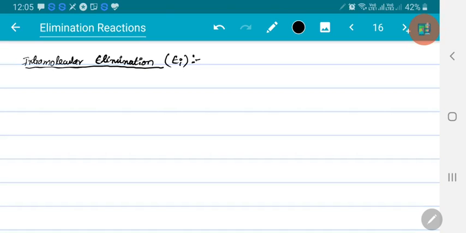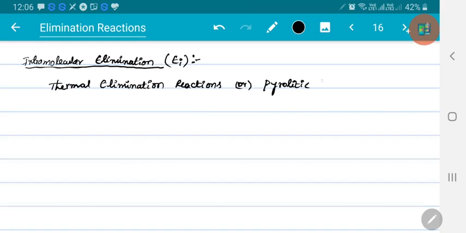We also call them pyrolytic elimination reactions, or we also call them thermal elimination reactions.